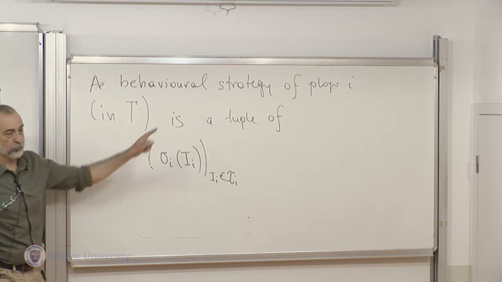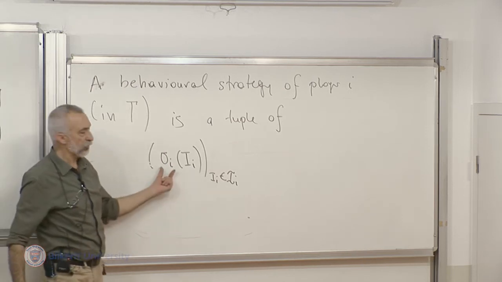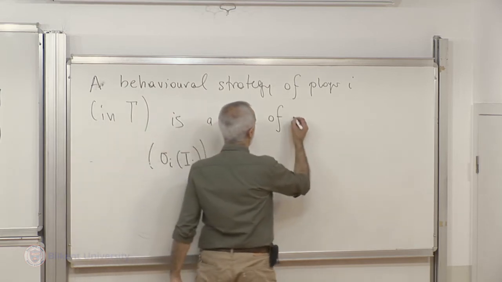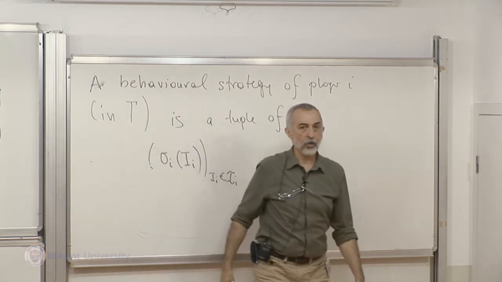Okay, is a tuple. So what kind of animals are these? These are probability measures, a tuple of. And what do I want?